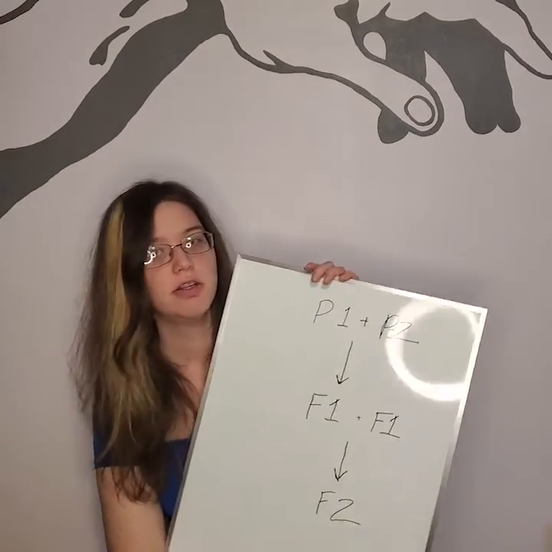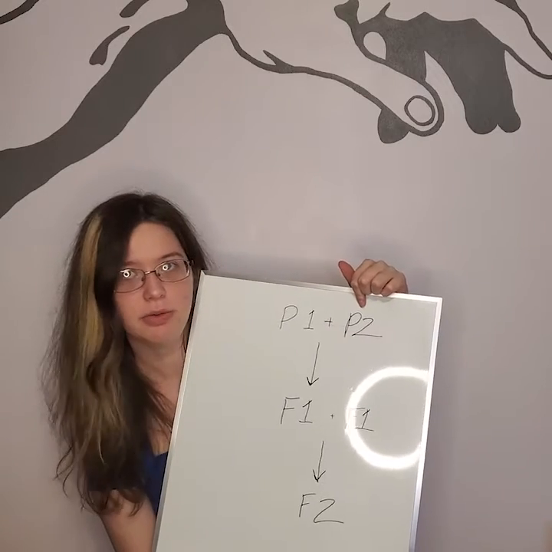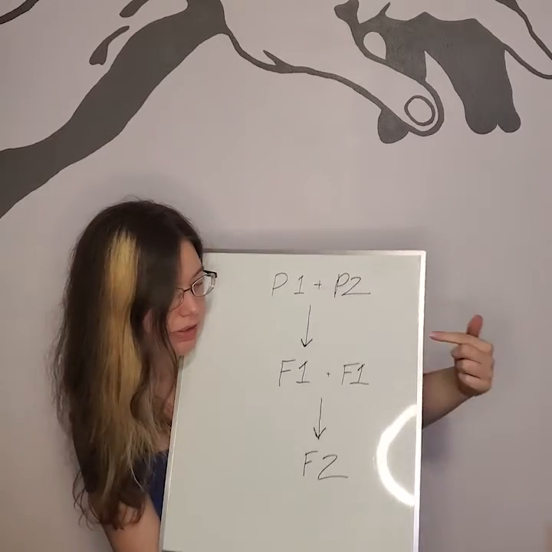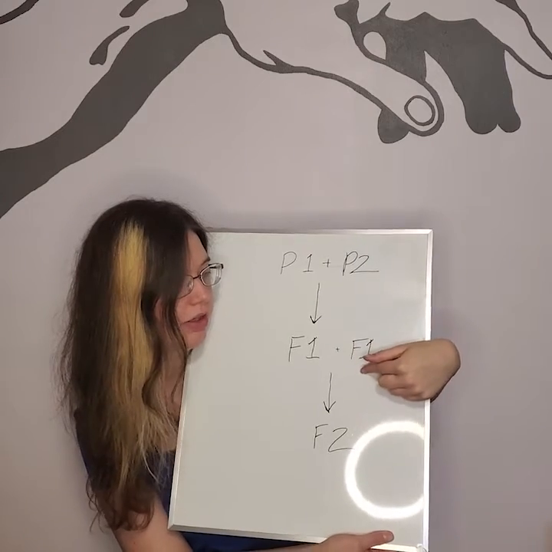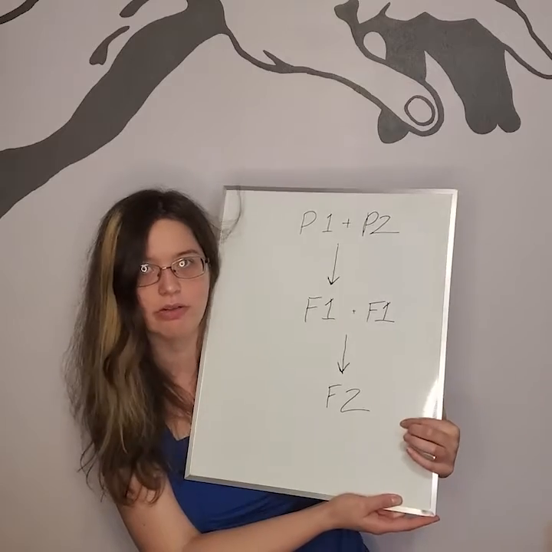Mendel designated the parents of the cross as P1 and P2, the first progeny as filial 1 or F1, and the second progeny as filial 2 or F2. So let's look at that. Parent 1 and parent 2 was how he designated them, and then filial 1, and then he crossed the filial 1 with itself to get filial 2.